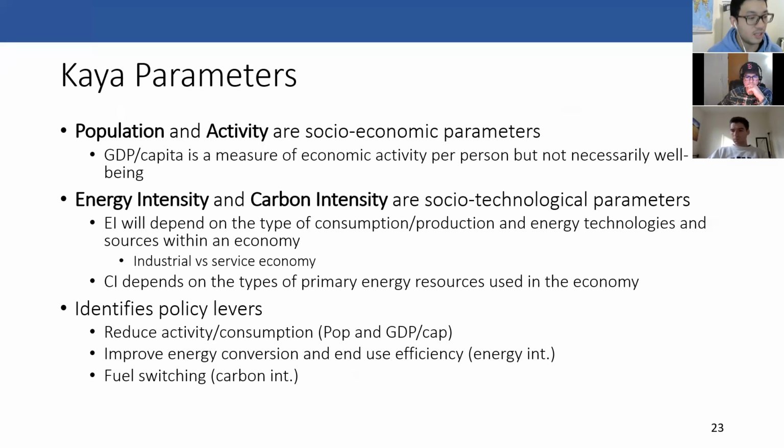And then lastly, fuel switching. You can have policies that promote renewables, for example, as opposed to fossil fuel plants. And so these are all high level policy mechanisms that end up getting derived from a really simple structure.